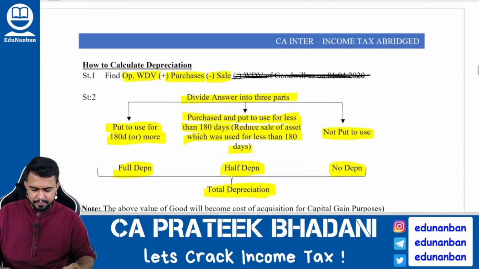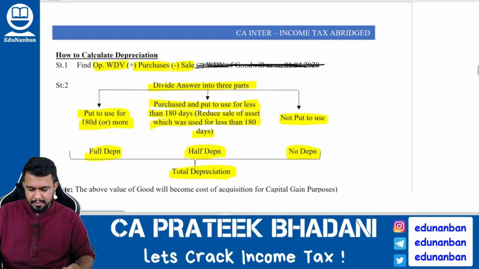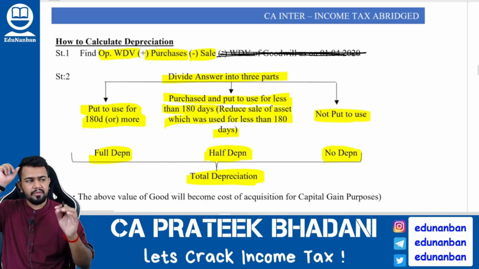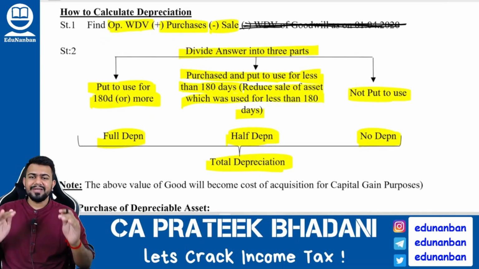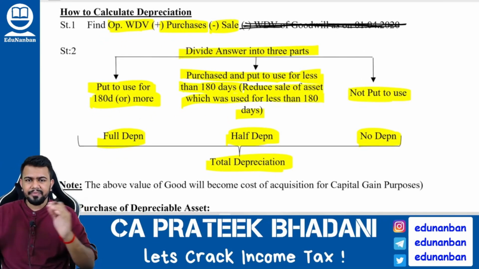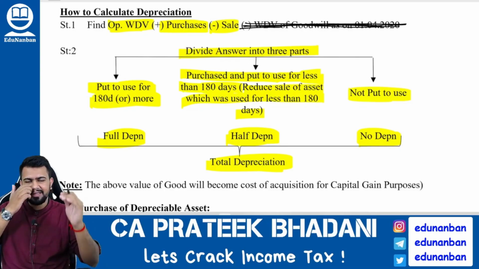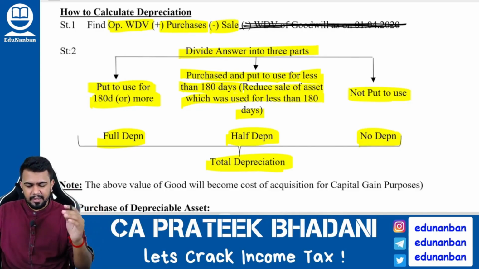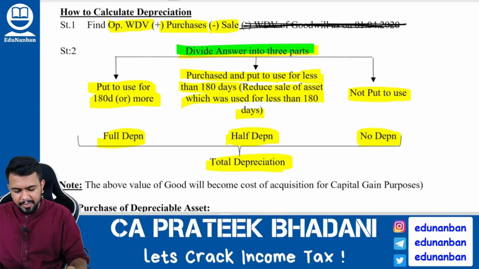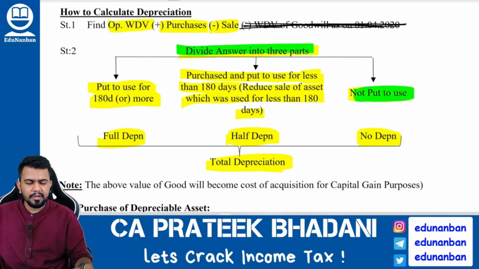Very simple. Now let's come to method to calculate the depreciation. What is the method of calculating depreciation? Very simple, Kanna. First and foremost, take the opening WDV, then add additions during the year and then reduce the sale during the year. You will find the net amount. This net amount, you divide into three parts. Part number 1, asset not put to use.